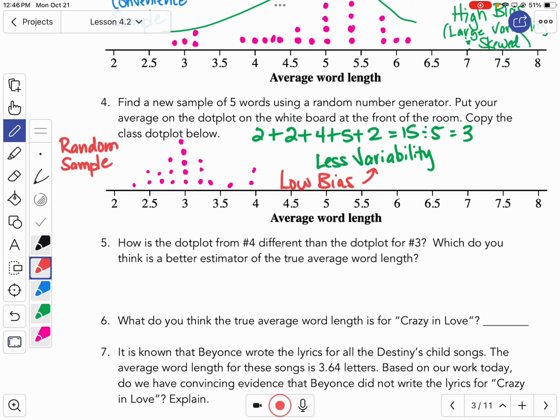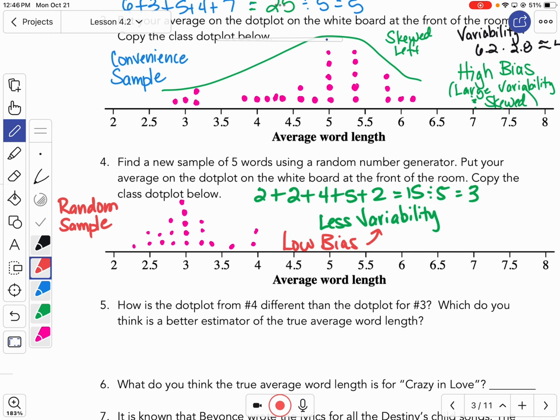All right. So let's take a look. So how is the dot plot that we did, the random one, the most different? We already said there was less variability. What do you notice about the middle or the center between the two? Where would you say the center is on the random one? 3. Yeah, right around 3. If we look over here at the other one, where does it tend to look more like? Yeah, probably more like 5.